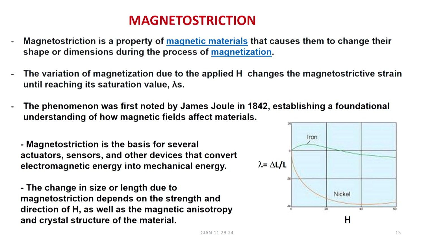This is the magnetostriction versus static magnetic field for iron and nickel. For iron, at low field it is positive, it goes through zero and then it is negative. Nickel is negative all the way, but ultimately they all reach saturation. Okay.